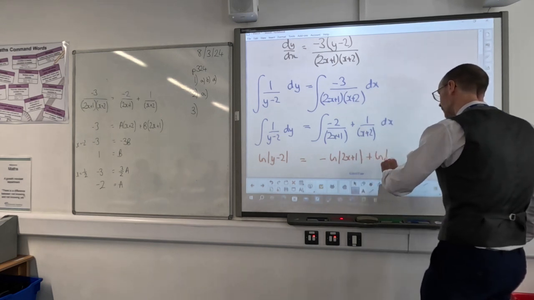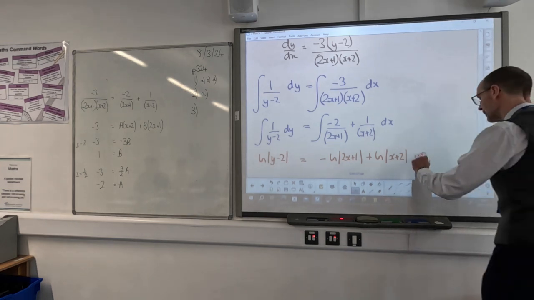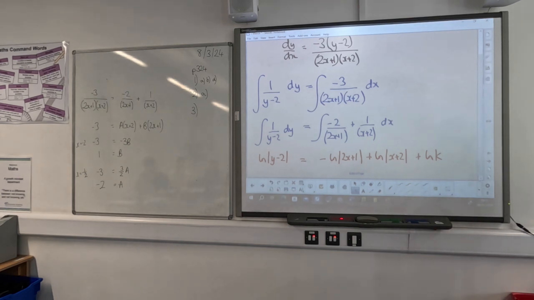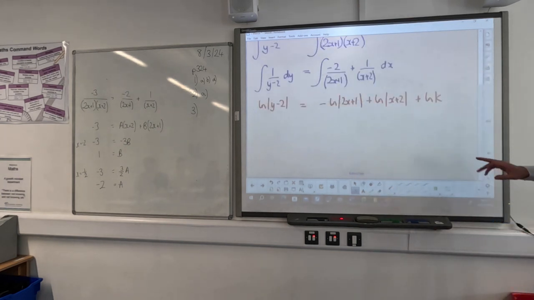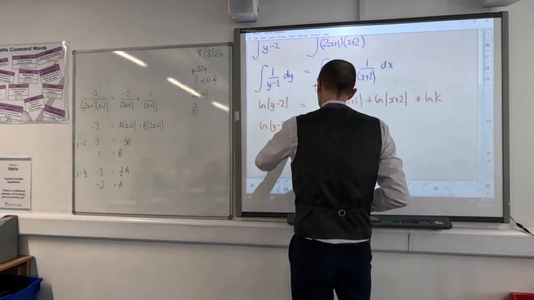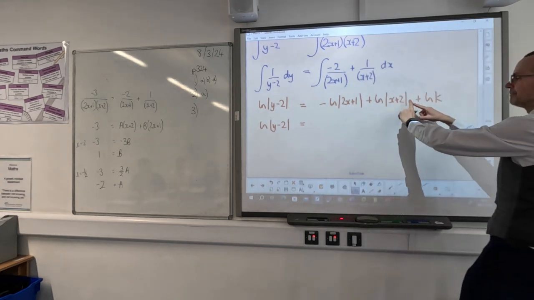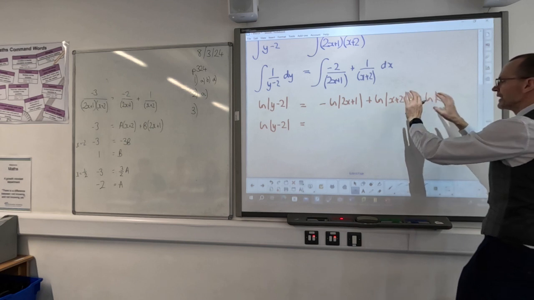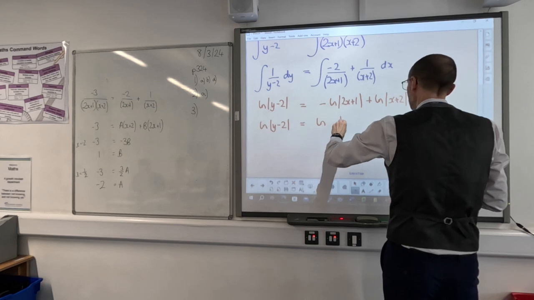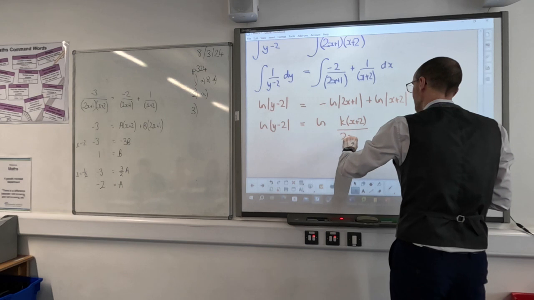That gives me ln of x plus 2, and then there's a plus c, which I'm going to write as ln of k. And do you remember we did this? So the left-hand side can just stay like that for now. So what I'm going to do is roll those two together, and then write it as that, take away that. So what you actually get is k times x plus 2 over 2x plus 1.